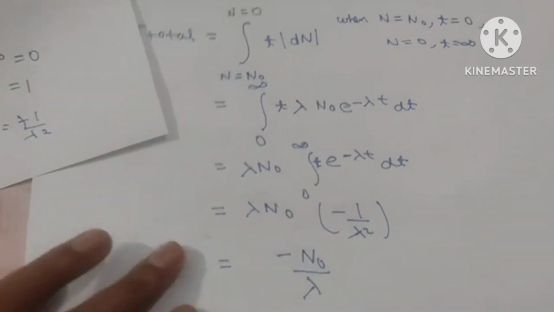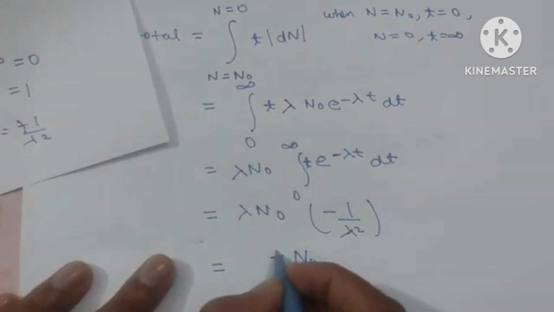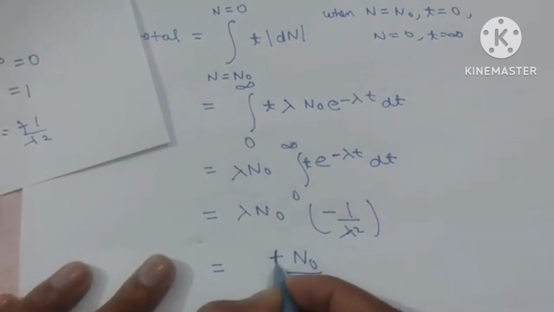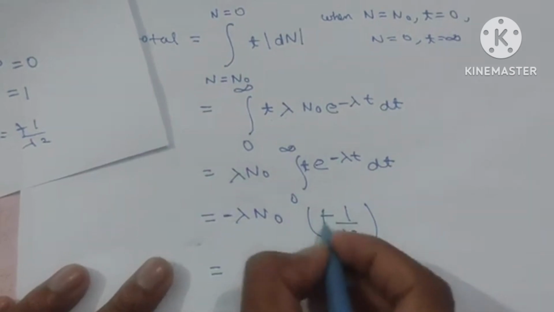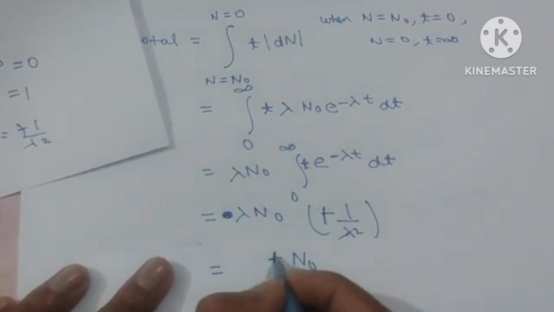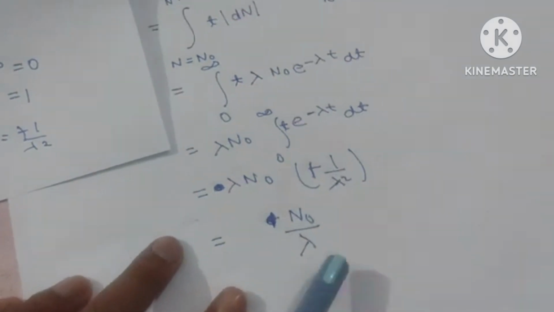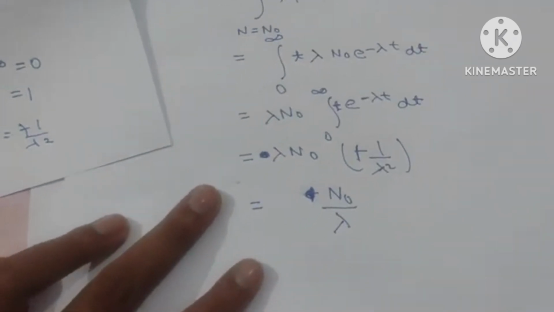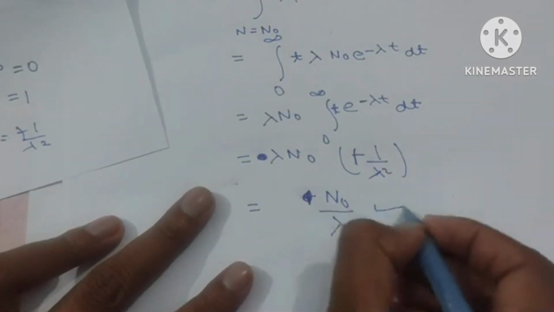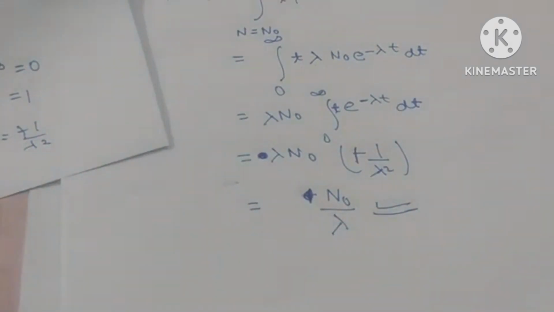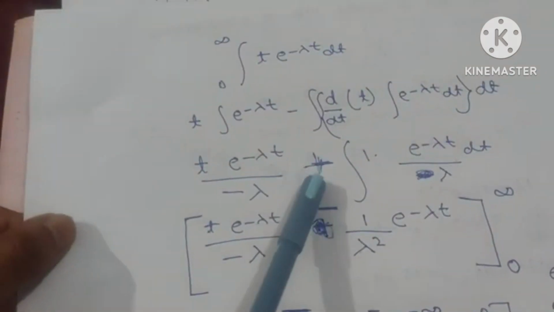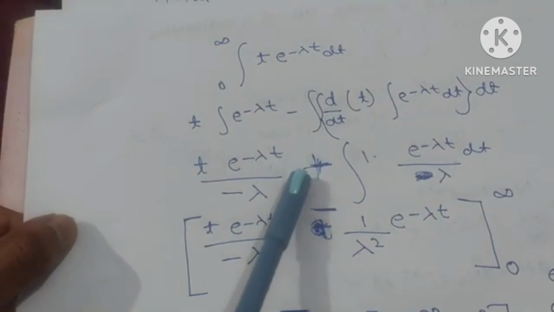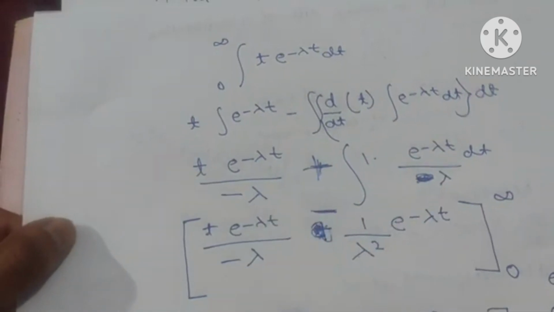So this is what I have mistaken, so sorry for this mistake. This will be the plus. Okay, so we'll have this value. So here I made a mistake, here will be the plus sign, not minus.